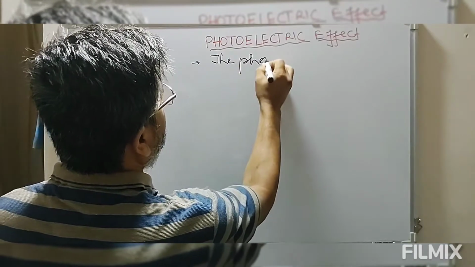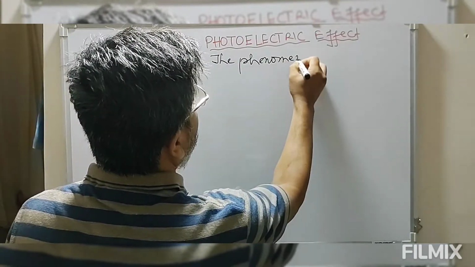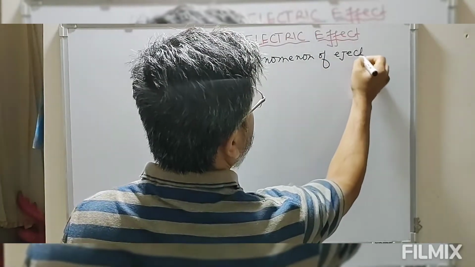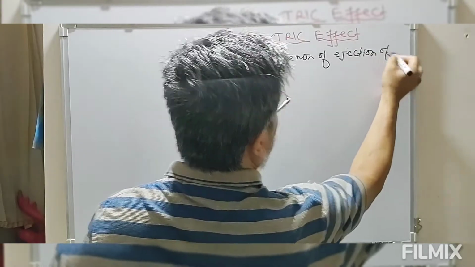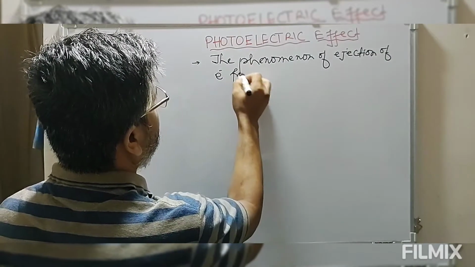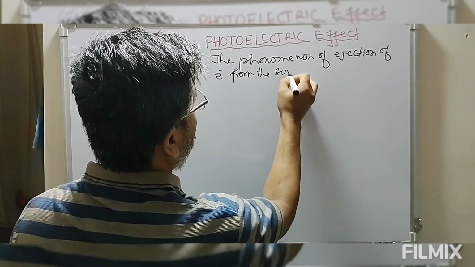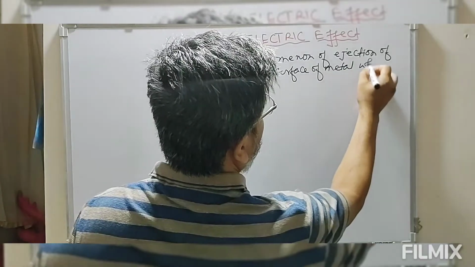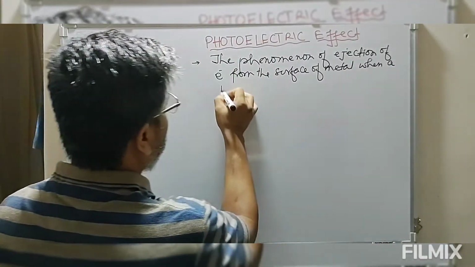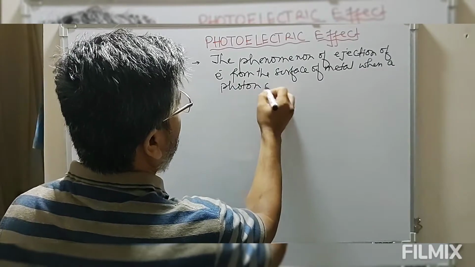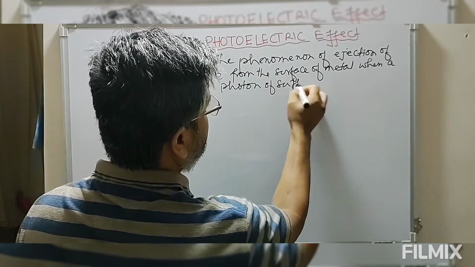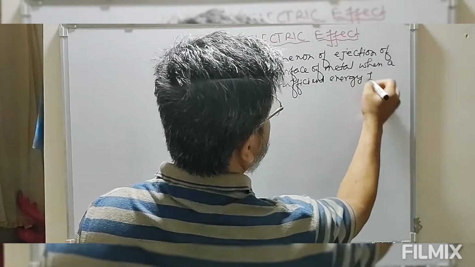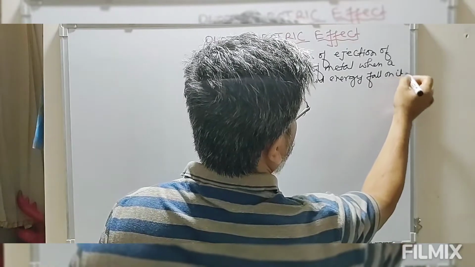The phenomenon of ejection of electrons from the surface of metal when a photon of sufficient energy falls on it.